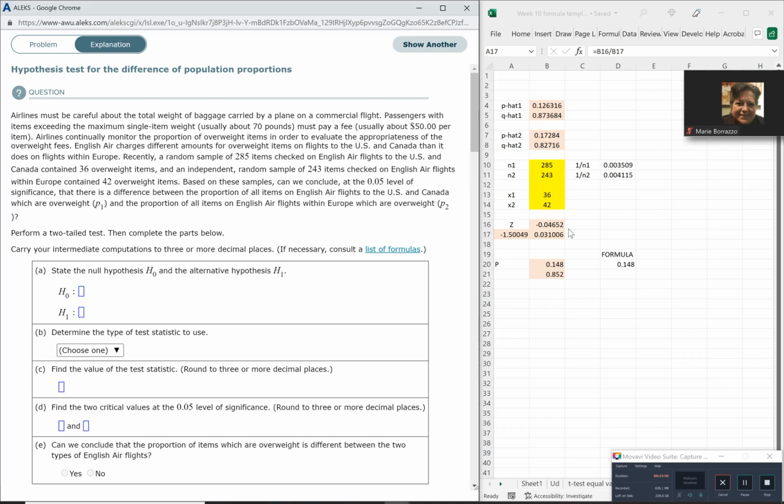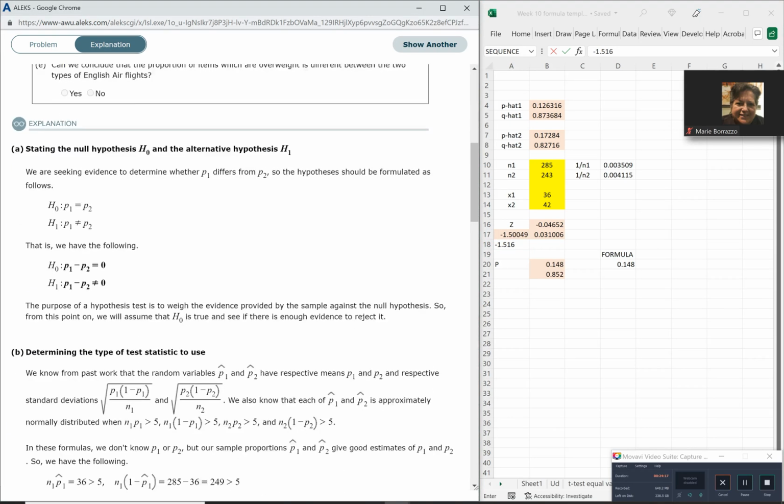All right, so since they want 3 decimals or more, I would assume this is just about what they want. Let me see what happens if I round this, because the actual value that I'm supposed to obtain here is negative 1.516. So let's look at the explanation real quick.